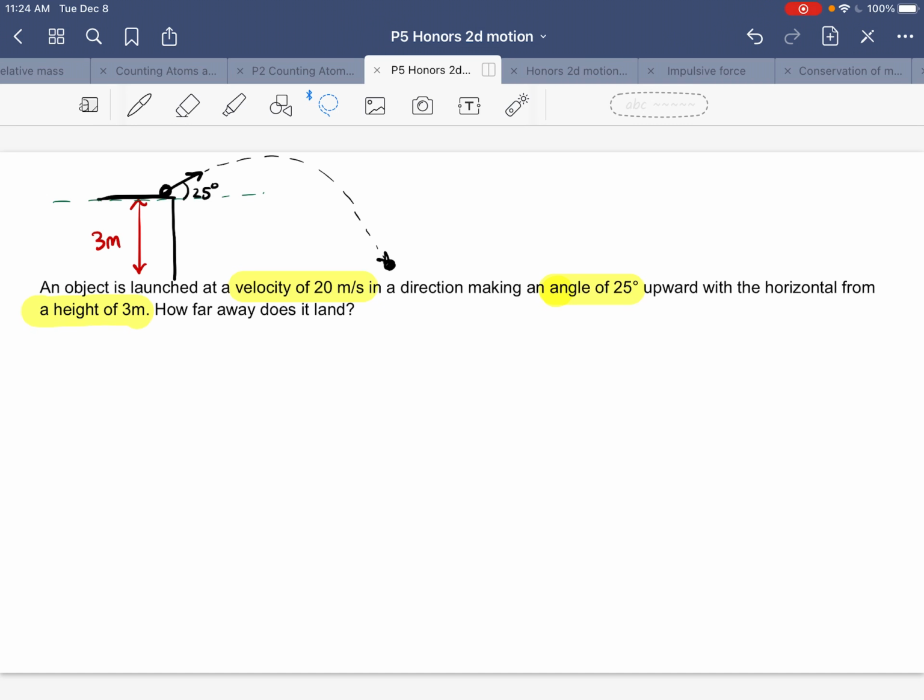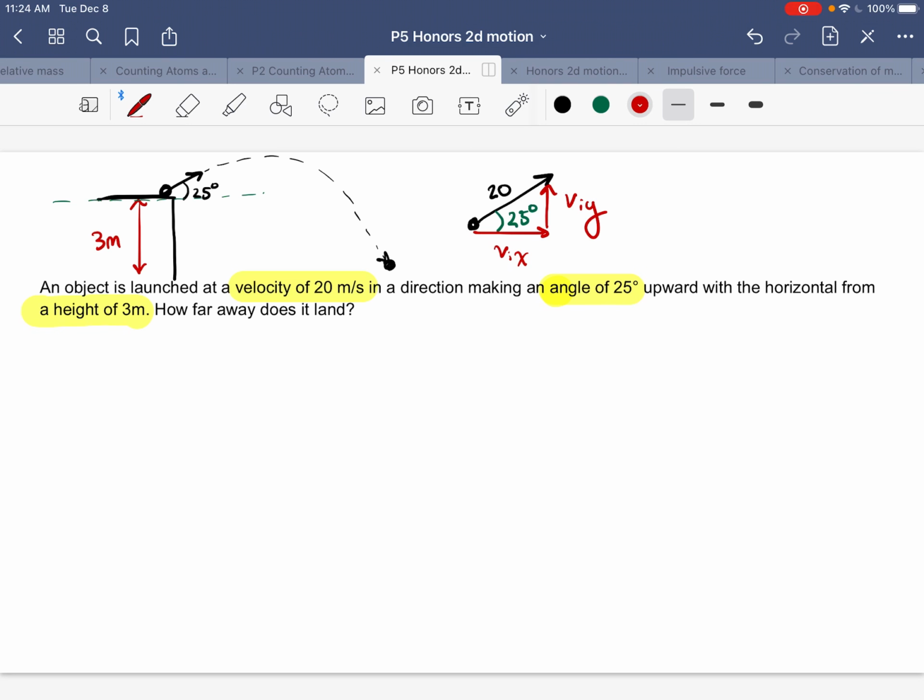Now, before I go into solving the problem, I just want to go ahead and break this down. So if I create a triangle, I know I have my initial velocity, which is 20 here, and that forms an angle of 25 degrees. So this here is my initial x component, and this here is my initial y component.